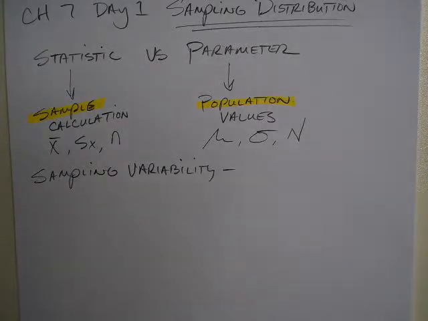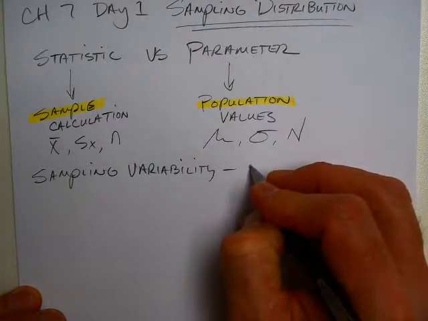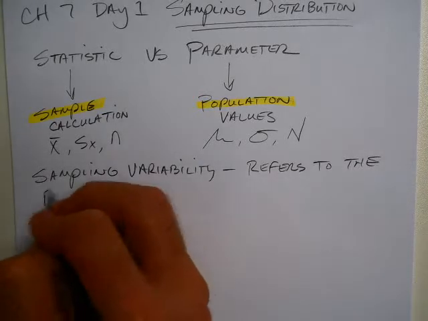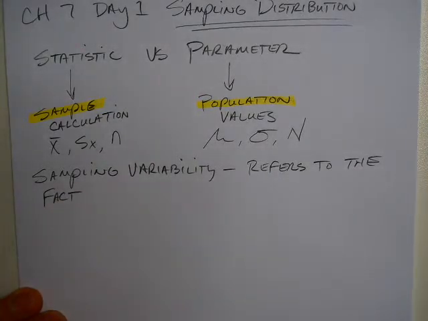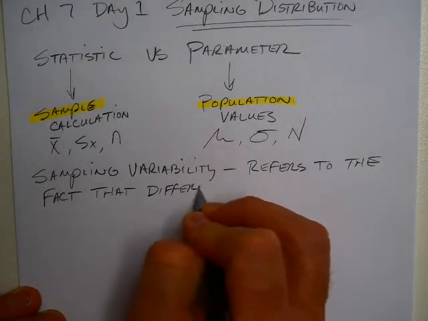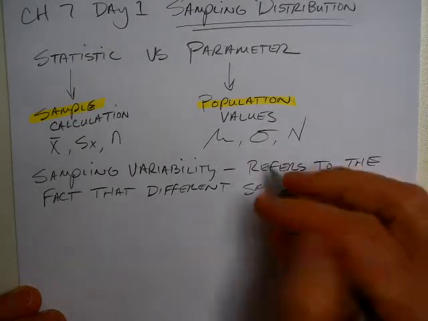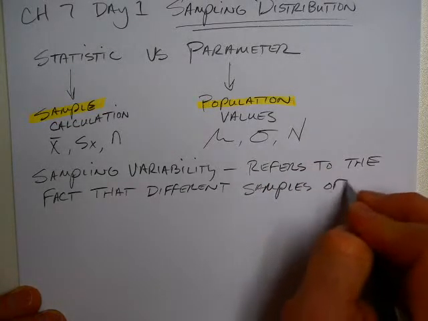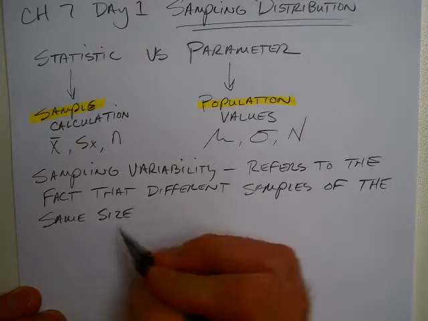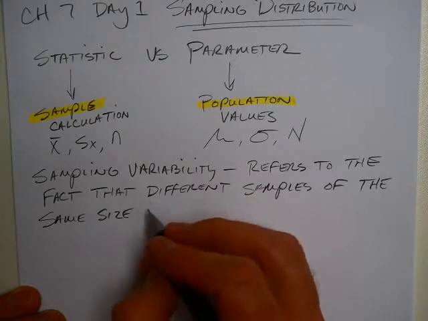No. They might all kind of roughly group into one area, but sampling variability refers to the fact that different samples of the same size from the same population will give different results for the statistic.